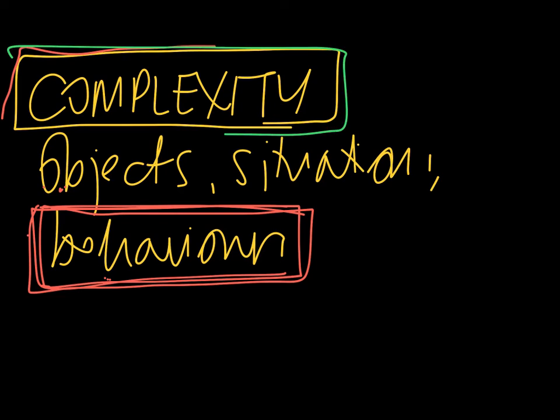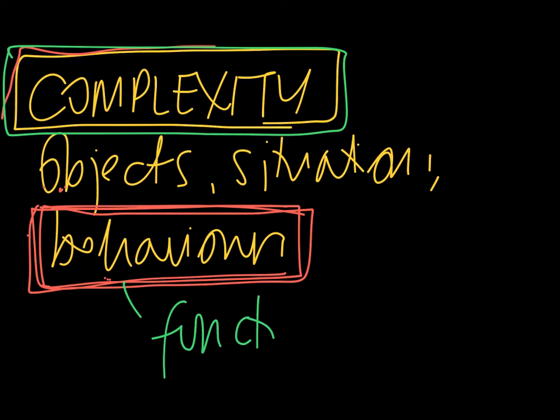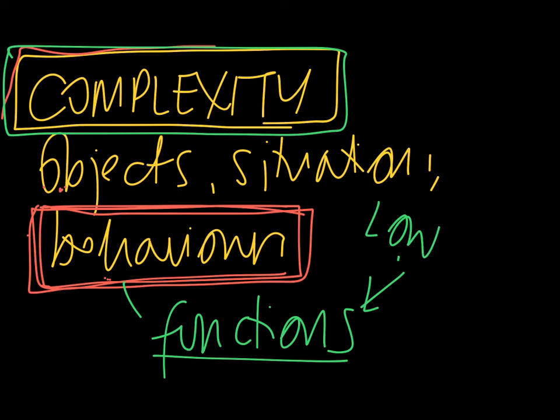Our complexity gets stuck because behaviors are modeled largely on functions. Functions are very, very low level, and because they're low level, how do we model really complex systems? Airport control systems, for example, are massively complex. But if it's just a bunch of functions, it's too small and too low level to deal with this high level of complexity.